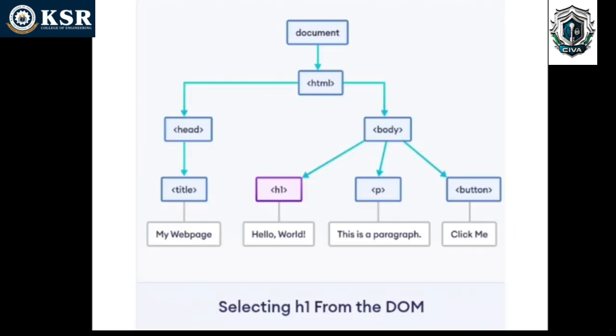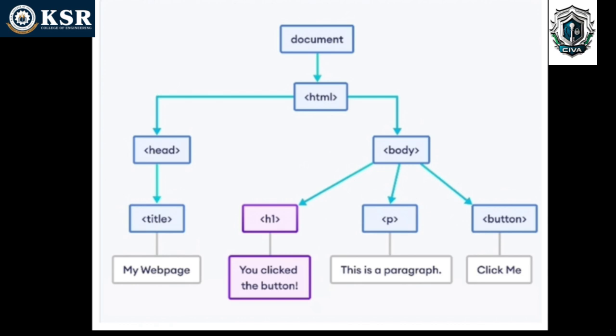What happens here is the click me button triggers the changeText function. When the click me button is clicked, the JavaScript searches through the Document Object Model and selects the h1 element using querySelector. Once the h1 element is found, it modifies the text so that you can see the changes instantly.